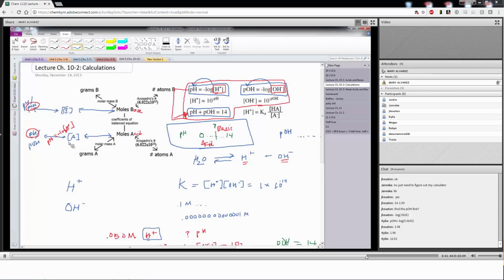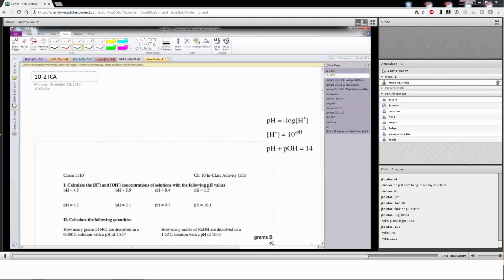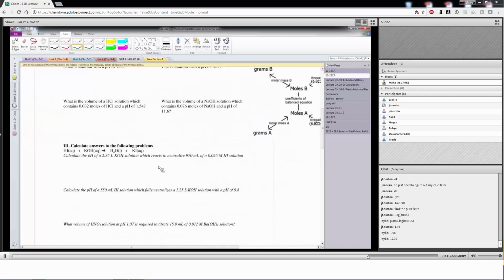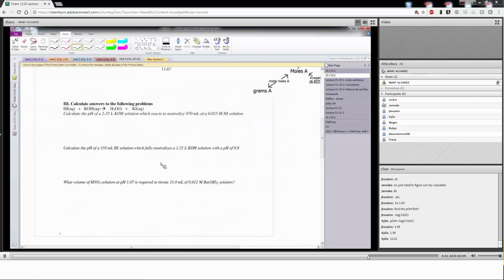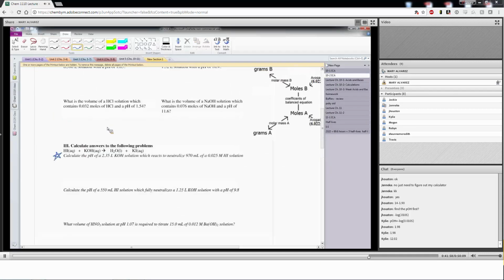If we have the concentration, we can plug that in to find our pH and or pOH. So in our in-class activity sheet, actually, we can do this one right here. If we know the concentration and the volume of my acid, I can use that to calculate moles of acid, use that to calculate moles of base.